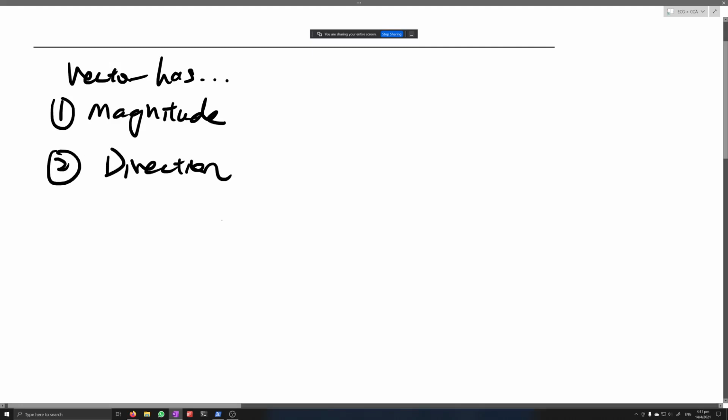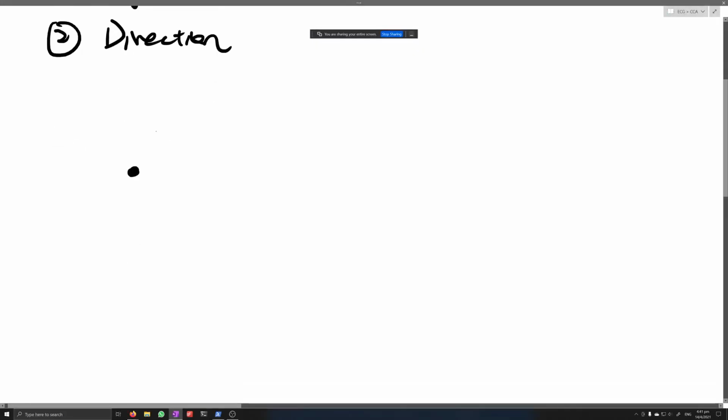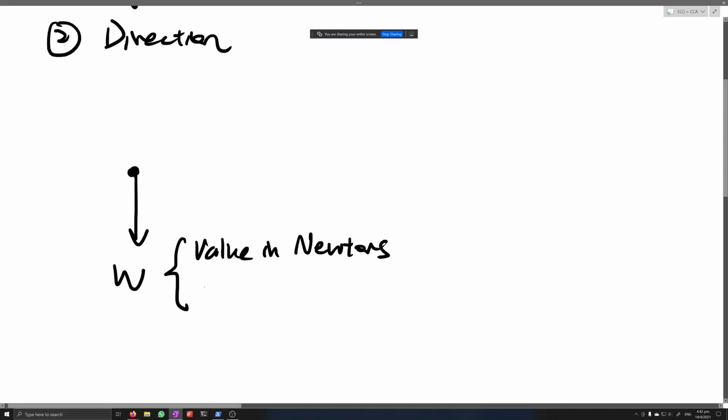So for example, if you want to draw a free body diagram of an object, you have this weight. The weight has its associated value in newtons, and it also has direction. Direction is pointing to the Earth's center of mass.